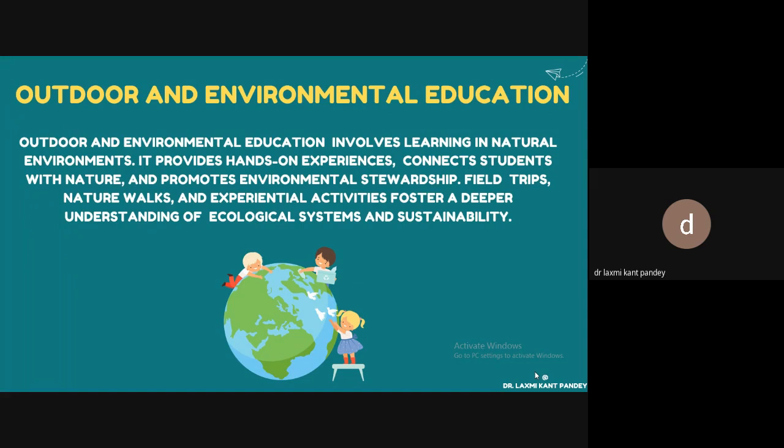Students should know why the environment is important for us, and that without the environment we cannot sustain. If we talk about sustainable development, it is very important to teach the students the importance of the environment. So outdoor and environmental education is also very important.